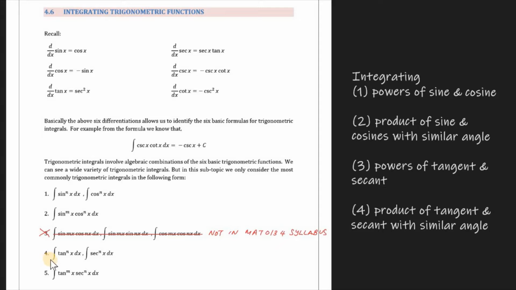Then we cover the integral of the powers of tangent and secant, which is not given in our formula list. And last, we look at the product of tangent and secant with a similar angle. So I divide this topic into 4 parts.